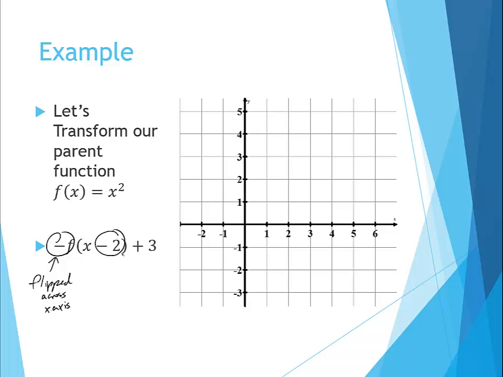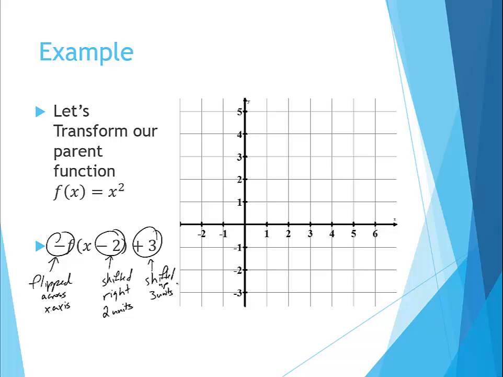This negative 2 on the inside means shifted or translated right 2 units. And this positive 3 means shifted up 3 units.